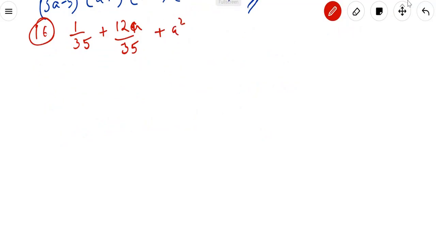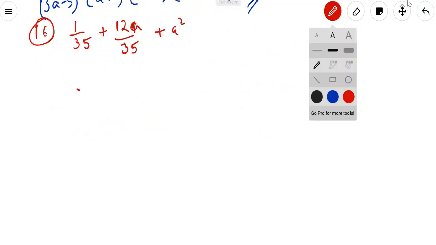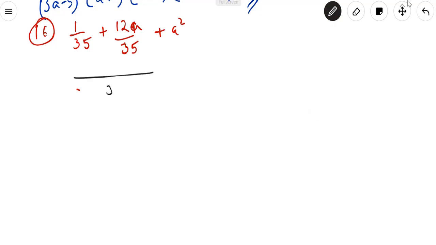If I take LCM, so what I'm going to get, I'll change the color. This one will be 35. So this will be 1 because 1 divided by 35 into 35, so this 35 gets cancelled. So you're going to get 1. Here also in the same way, I'm going to get 12a.